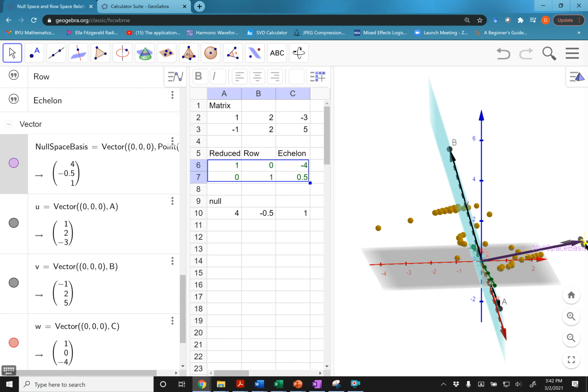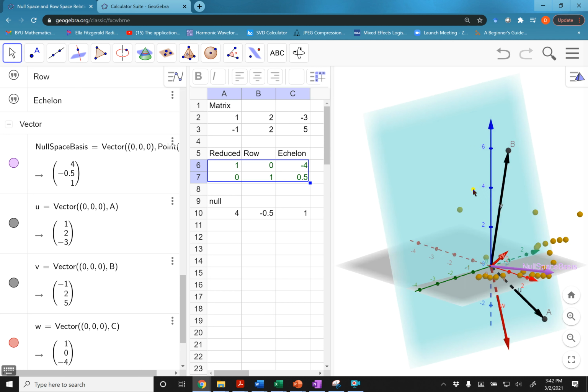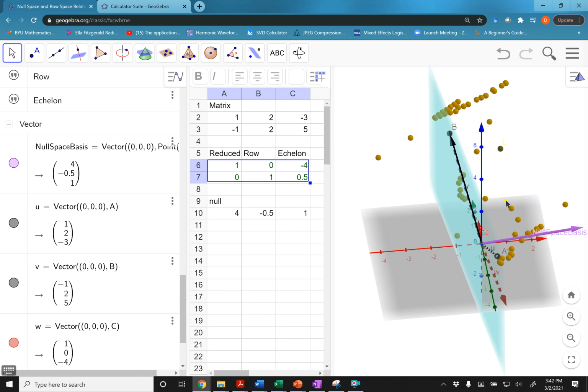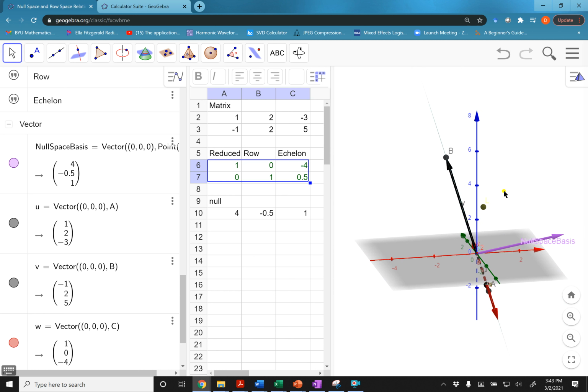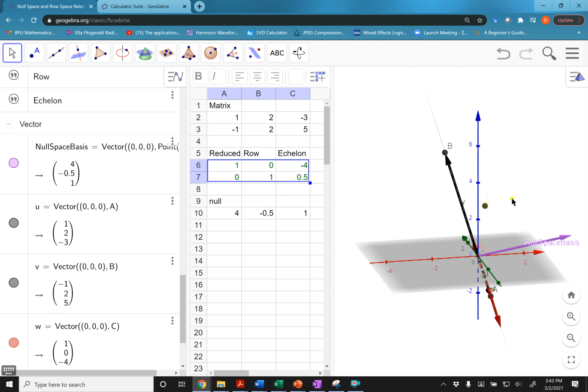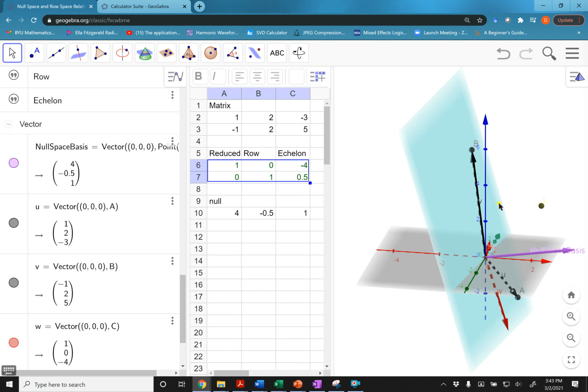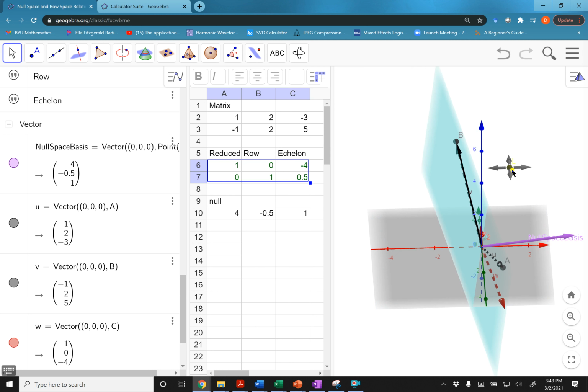So, oops. Or if I came up over here, then I could move. I lost my point. Get rid of some of those traces. There we go. So, let me move it back over this direction.